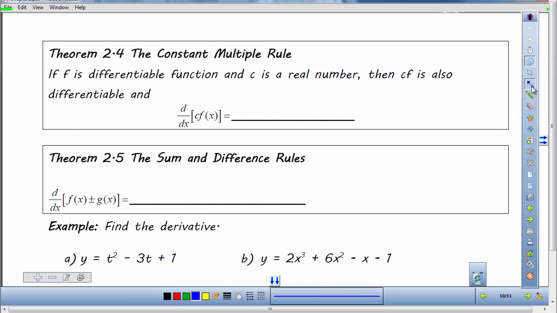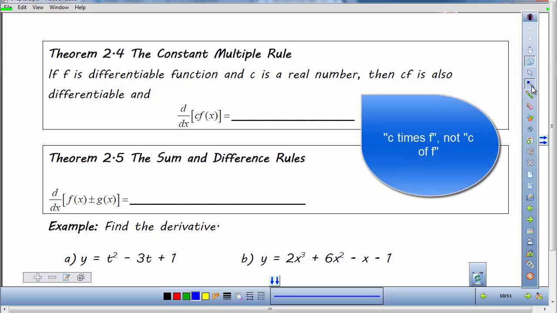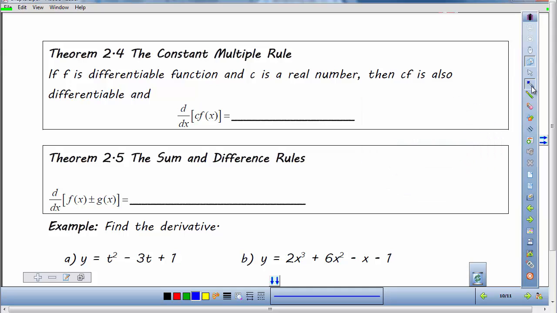But basically it says if f is a differentiable function and c is a real number, then c times f is also differentiable, and the derivative of c times f of x is equal to c times the derivative of f of x, or we could just say c times f prime of x. So that's what I was doing in the examples earlier.